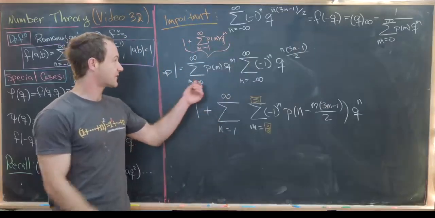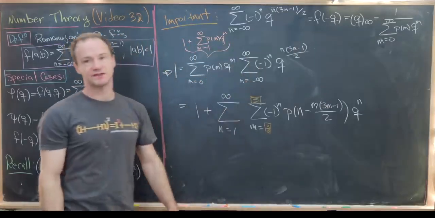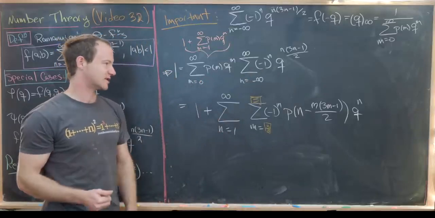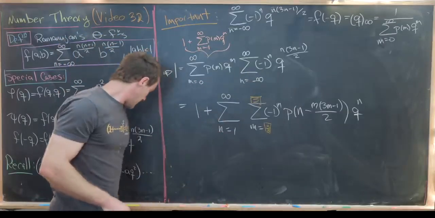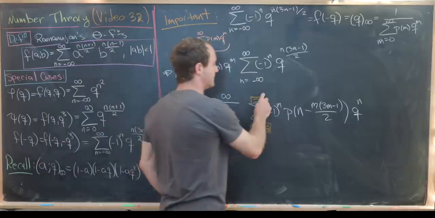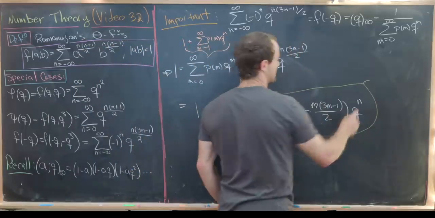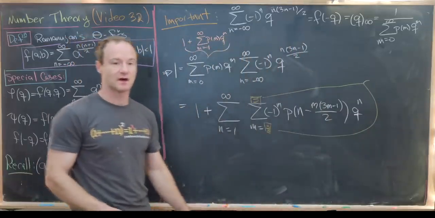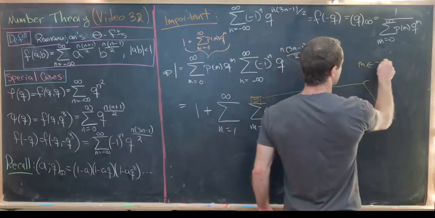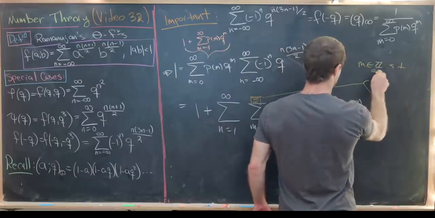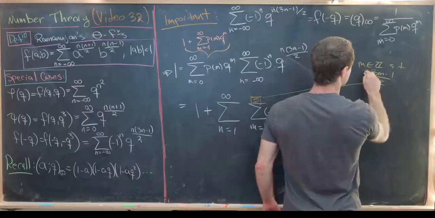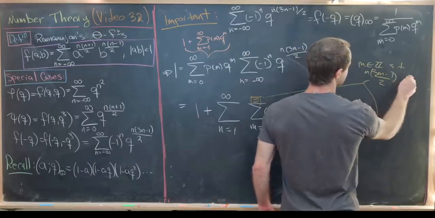That is from multiplying these two series together using the standard rule.